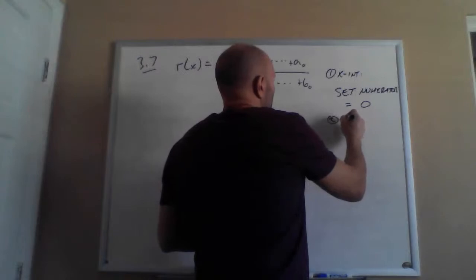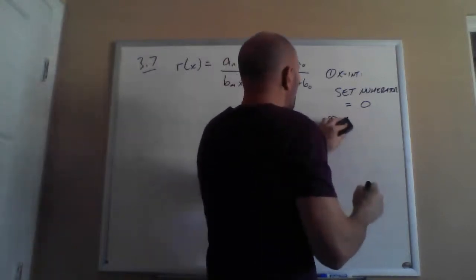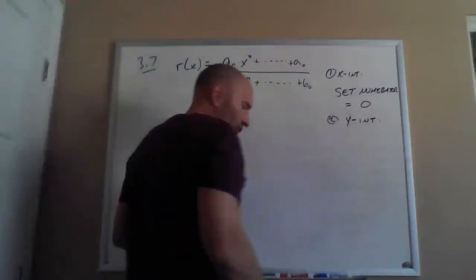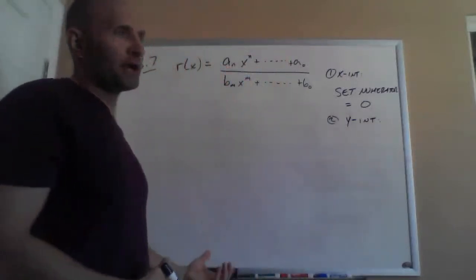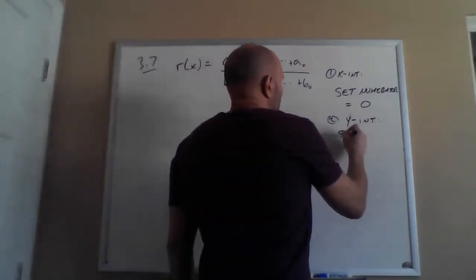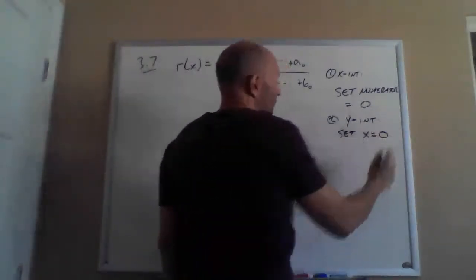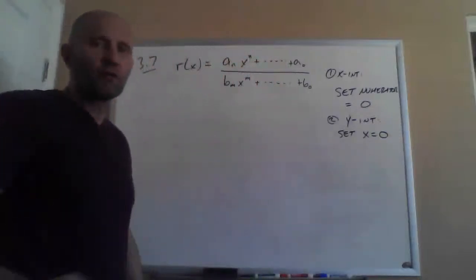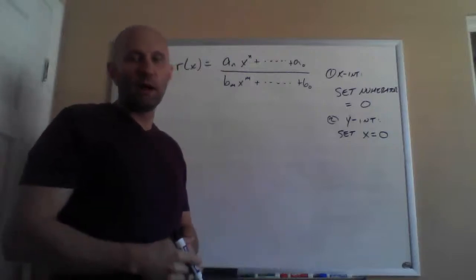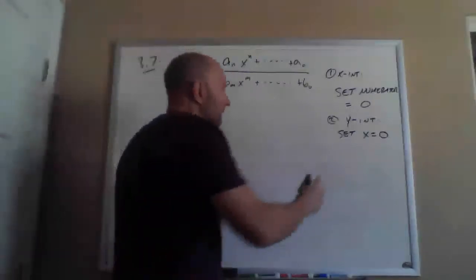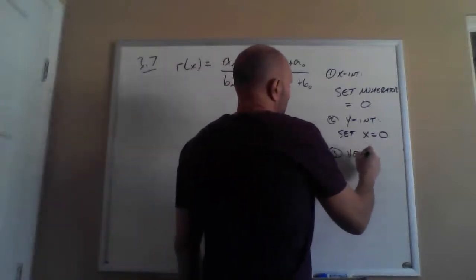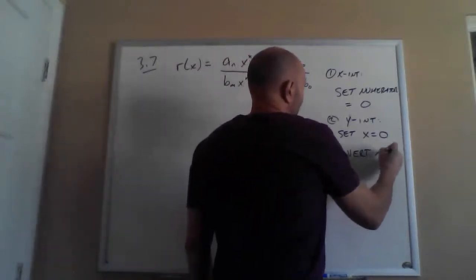The second one is the y-intercept. So when it says to us, here's a rational function, what's the y-intercept? We set x equal to 0. So anywhere in the function we have an x, we make it 0. That's our y-intercept. Third question, vertical asymptote.